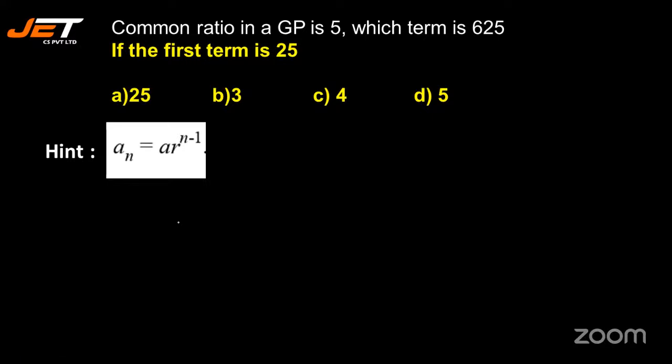So here they say that the common ratio, that is R, is equal to 5. The first term A is 25. So now what we need is N. But they say that A N is 625.